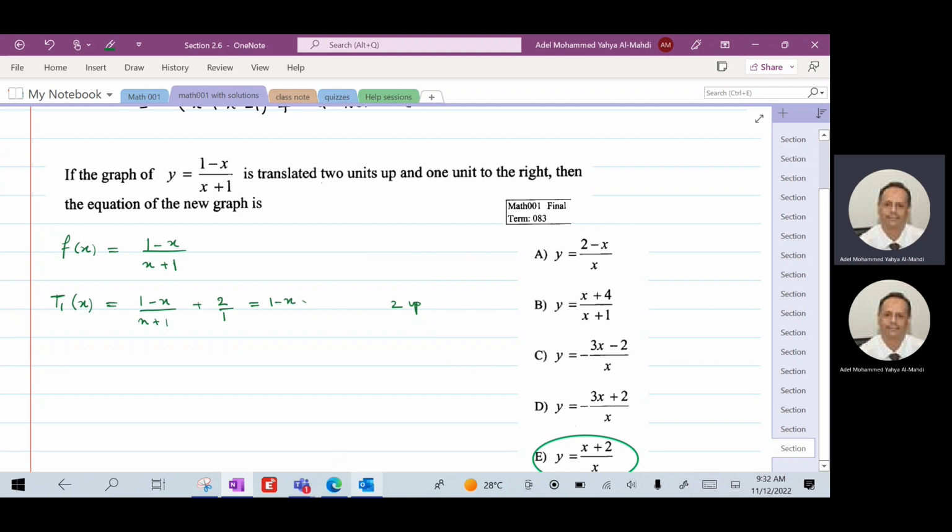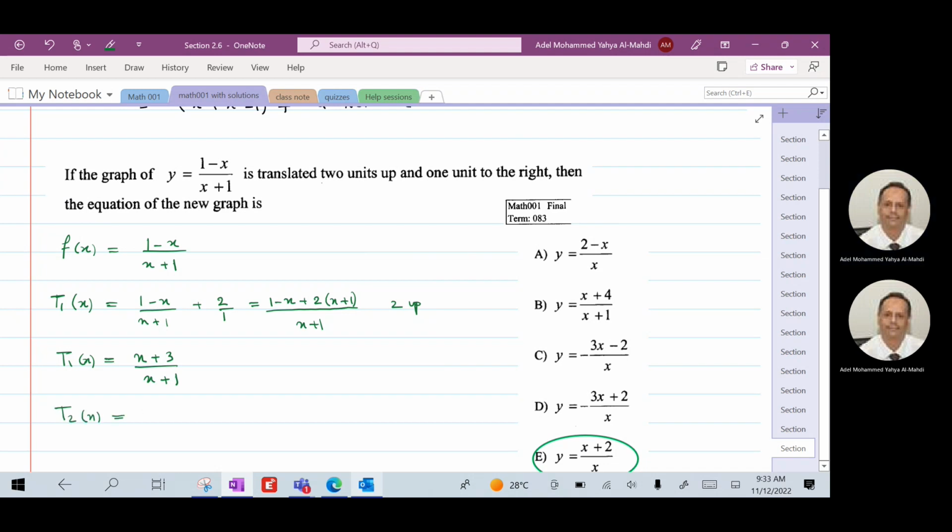1 minus x plus 2x plus 2 over x plus 1. And it will be x plus 3 over x plus 1. Finally, T2, he said 1 unit right.